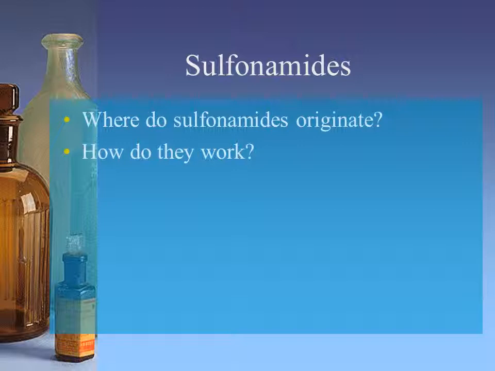Folic acid is a B vitamin that is required to make new cells, not just in our human bodies, but also for bacteria to make new cells. So it prevents bacteria from synthesizing folic acid, and as a result, they can't reproduce. Therefore, they die.